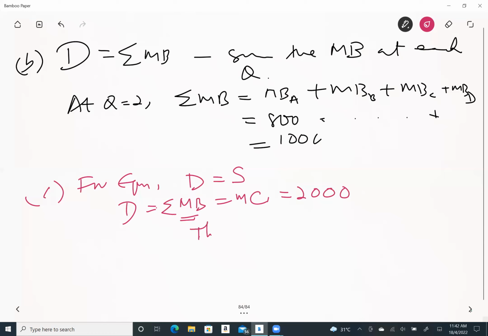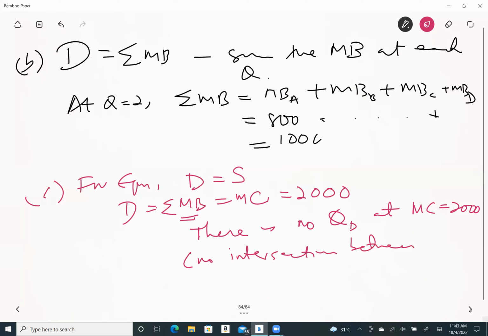Okay, there is no Q demanded at MC equal to 2,000. There will be no intersection between the demand and supply at MC equal to 2,000. So therefore, QE equal to 0.